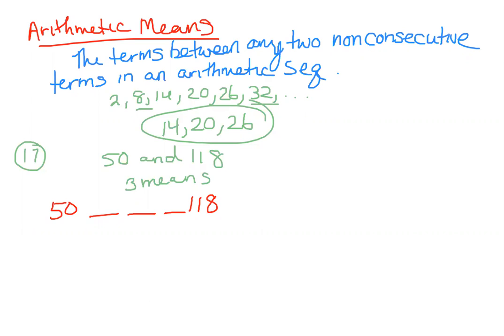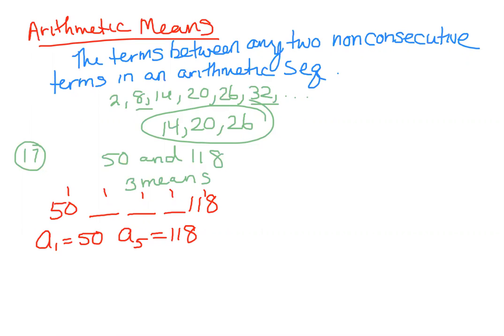So we can say A1 equals 50, A1, 2, 3, 4, 5 equals 118. Okay, we don't know that 50 is the first term and 118 is the 5th term, but we can just pretend like it is, and that's still going to give us what D is.